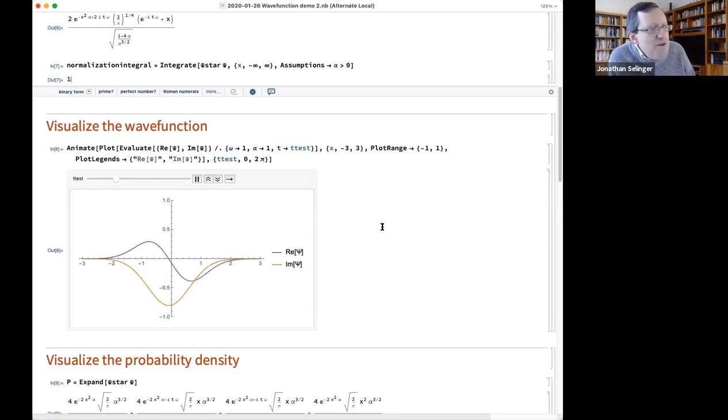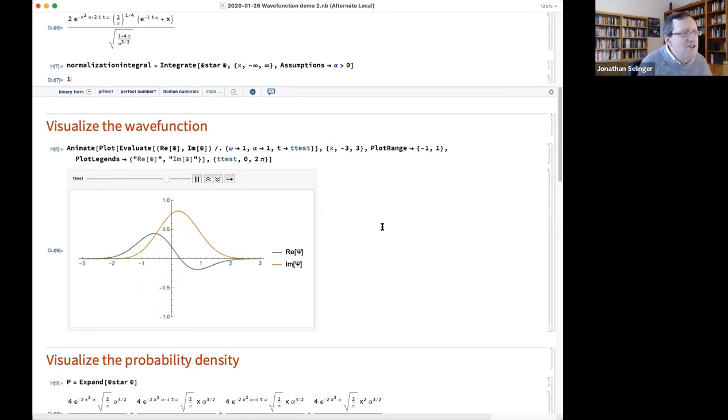In this movie, the real and imaginary part are still going up and down, but now it looks like they're kind of sloshing back and forth, right? It's not just going up and down in place, but there's some side to side also.